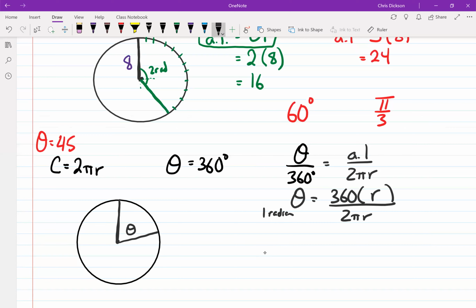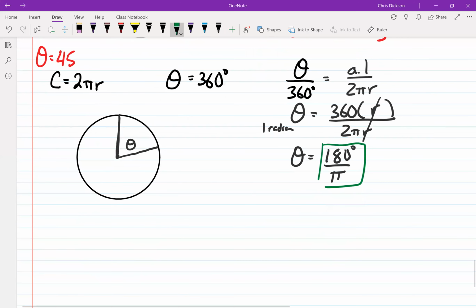So we put an r in here, cancel those out. 360 divided by 2 makes theta equal 180 degrees over pi, which if you work that out, is around 60. It's a bit less than 60, but pretty close. So that's a really important ratio we have to use here.